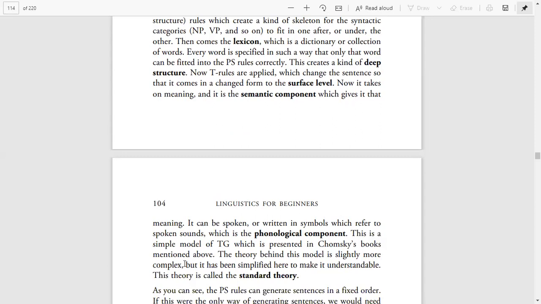This is a simple model of TG, transformational grammar, which is presented in Chomsky's books mentioned above. The theory behind this model is slightly more complex because it has been simplified here to make it understandable. This theory is called the standard theory.